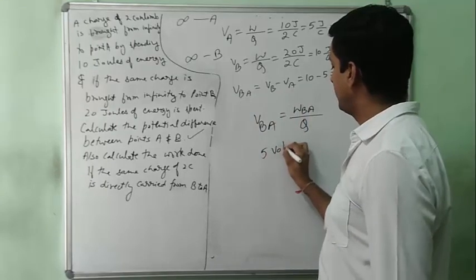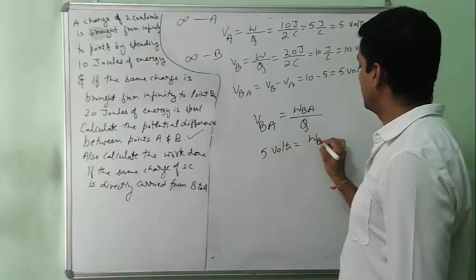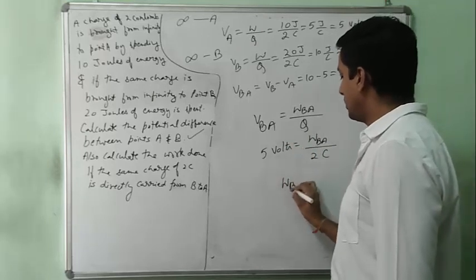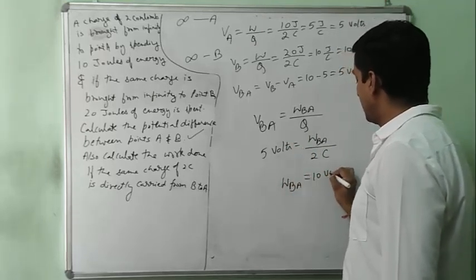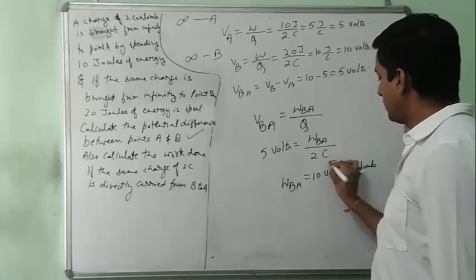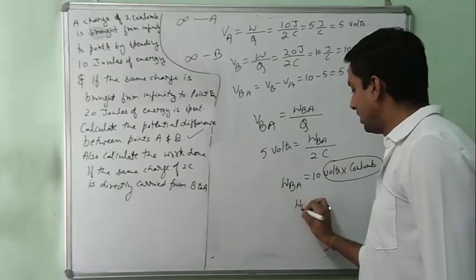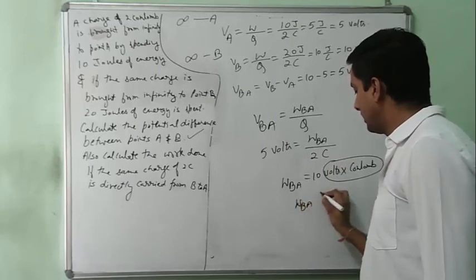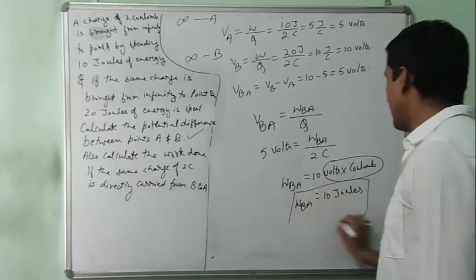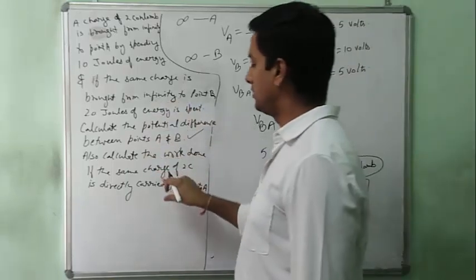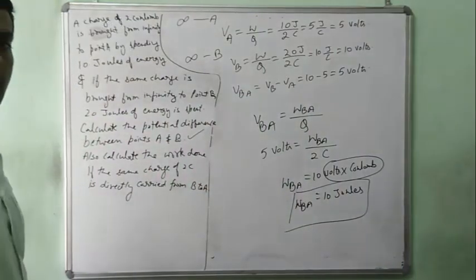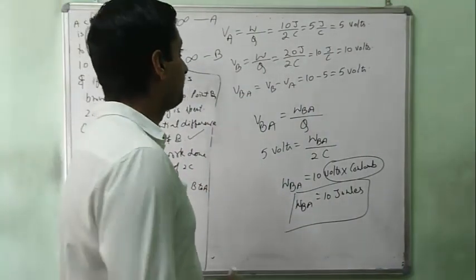So 5 volts is equal to the work done, which needs to be calculated, divided by 2 coulomb charge, which when cross multiplied gives you 10 volts into coulomb. Volts into coulomb is joule. So work done will be 10 joules. So 10 joules of energy will be required if you carry the charge directly from point B to point A. Is it okay? I hope this is clear to you. Note it down.